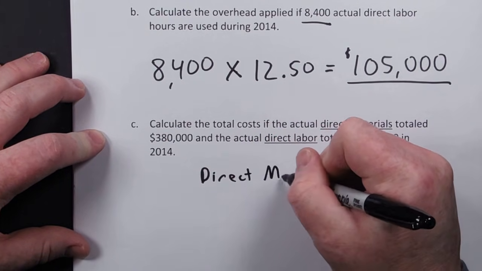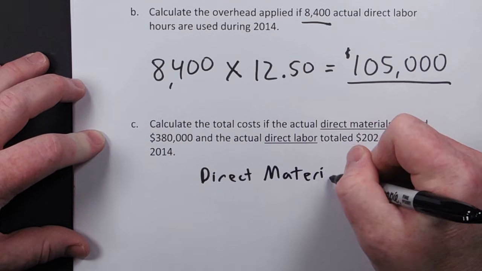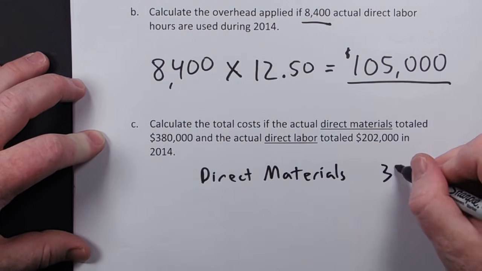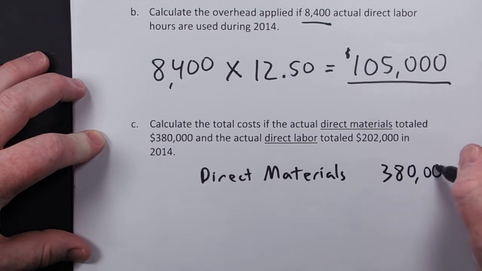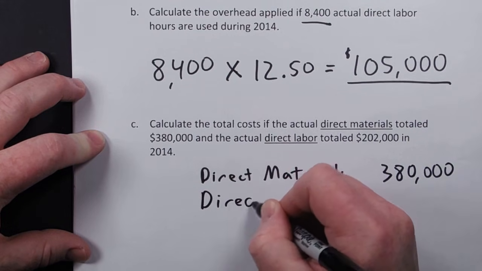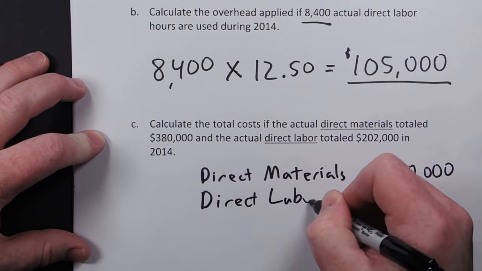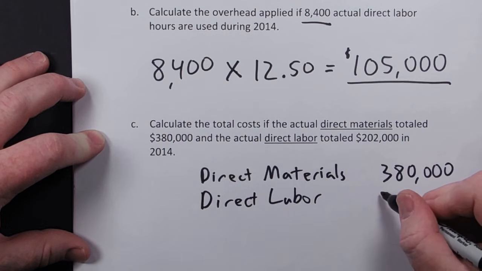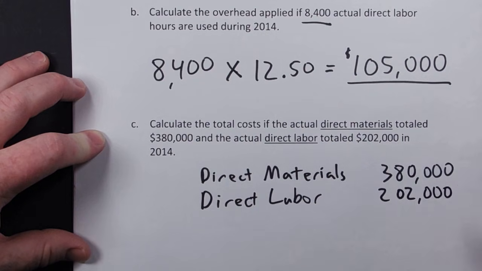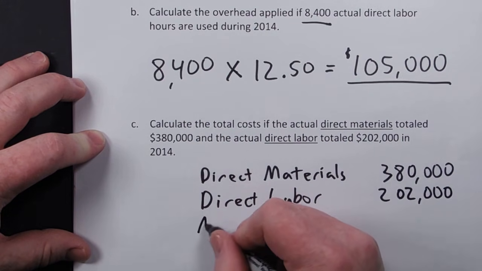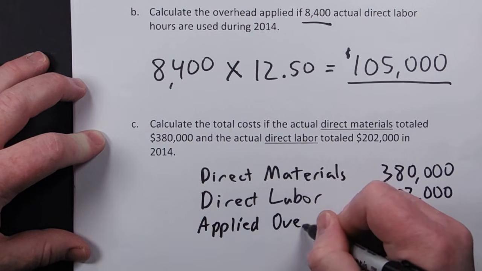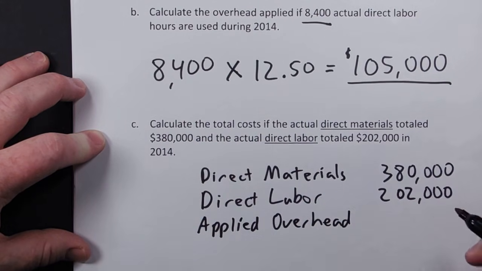Okay, so our total down here, we're going to have direct materials, 380,000. We're going to have a direct labor total of 202,000. And we're going to have our applied overhead of 105,000.